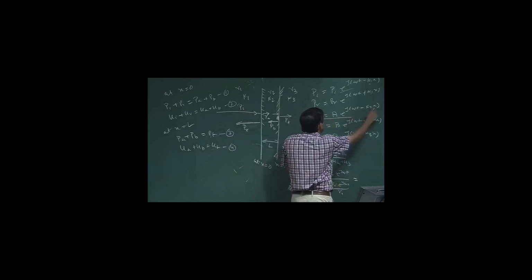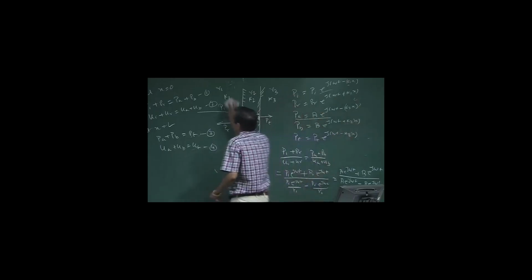Pa is A, with x equal to 0 this term will be 0, so it is A e to the power j omega t plus B e to the power j omega t divided by Ua plus Ub. So it is A e to the power j omega t minus B e to the power j omega t, divided by r2.